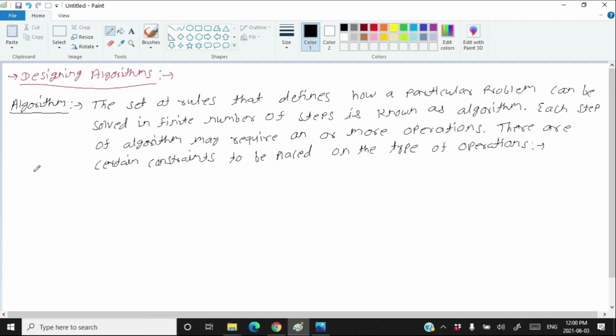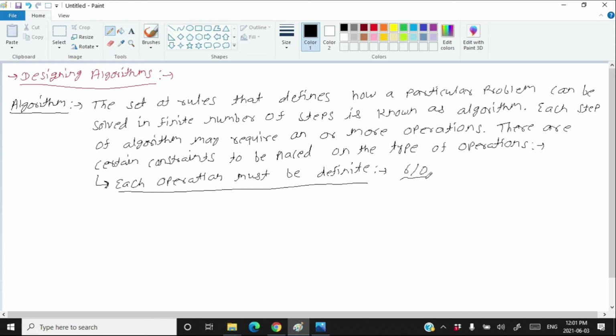The first constraint is that each operation must be definite. The meaning of this statement is there should not be an operation like 6 divided by 0. This operation is meaningless. There should not be an operation like adding a number to an alphabet. Operations used in each step should be meaningful and definite.